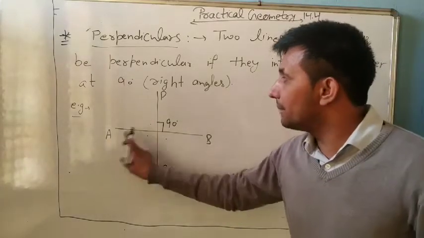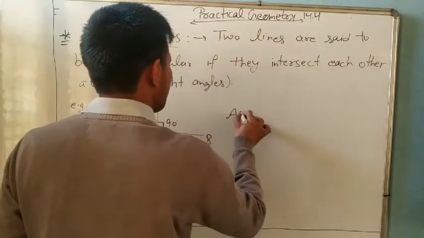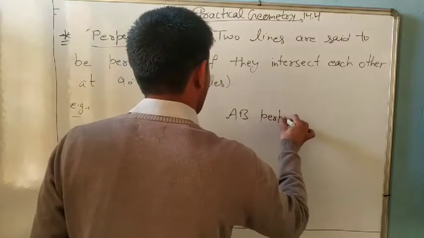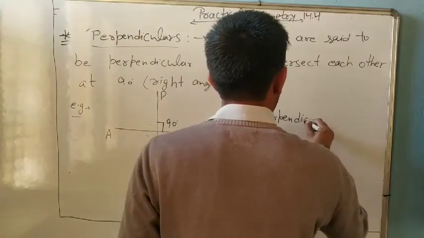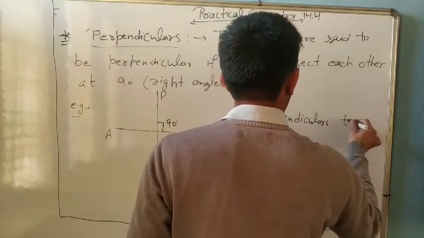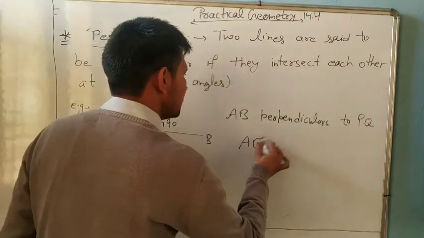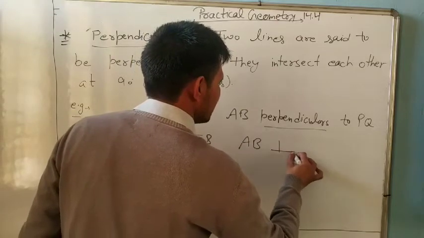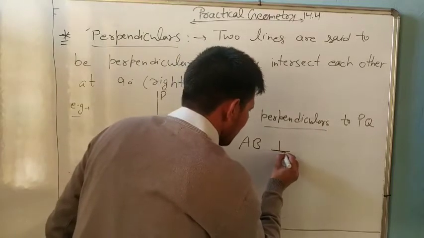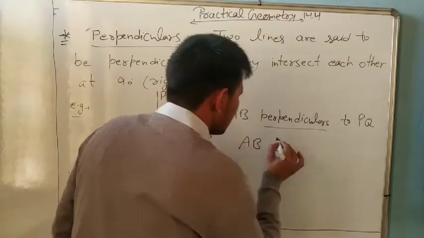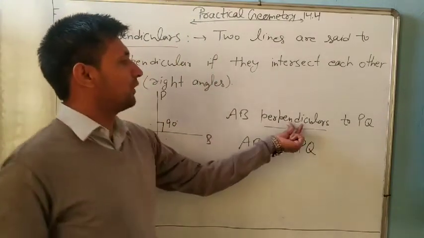It means AB is perpendicular to PQ. In short form you can write AB, then the perpendicular symbol, PQ.